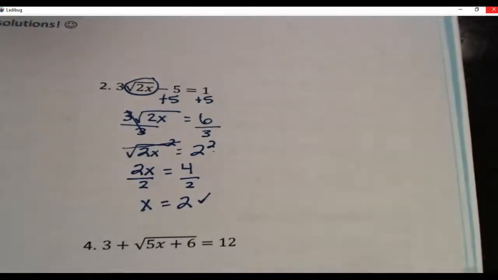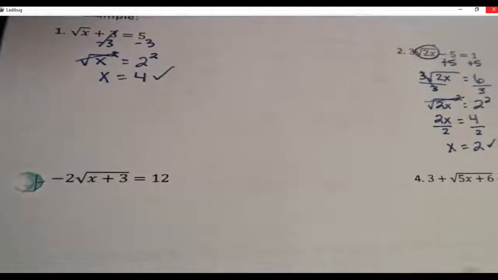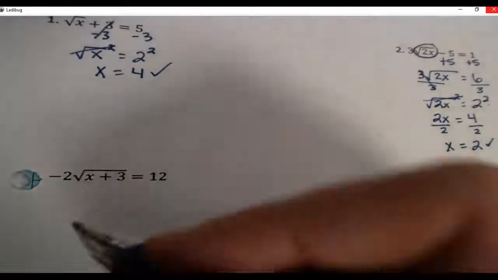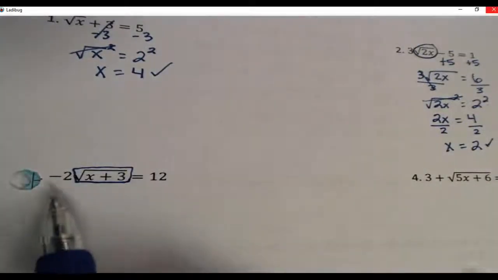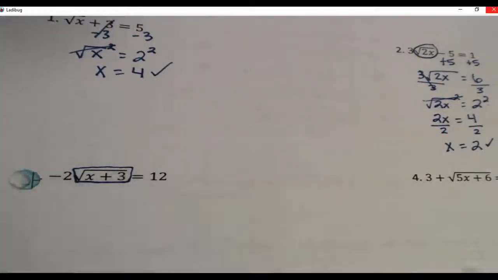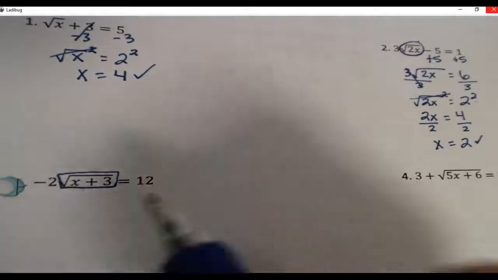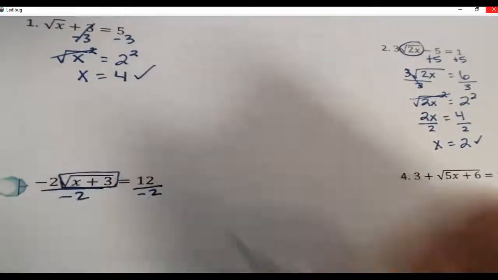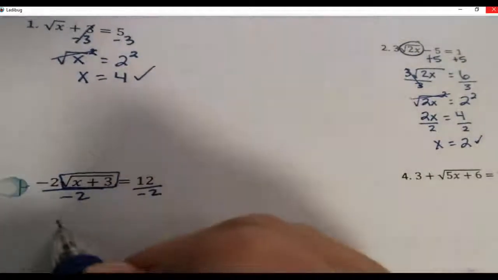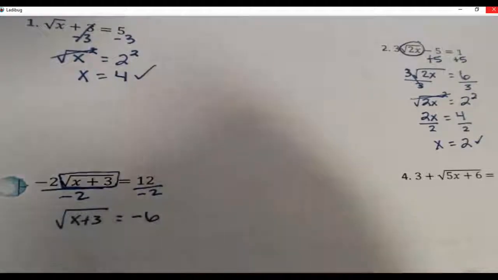Alright, let's look at number 3. So if we look at number 3, again we want to get this square root by itself. So how can I move that negative 2 times the square root? Close. Divide. Good. So since it's times, we want to divide by negative 2. So then we'll get the square root of x plus 3 equals negative 6.